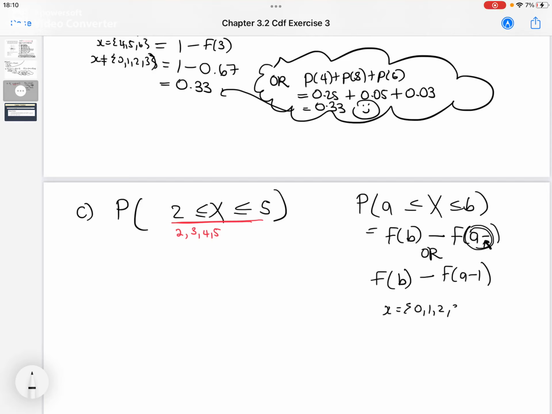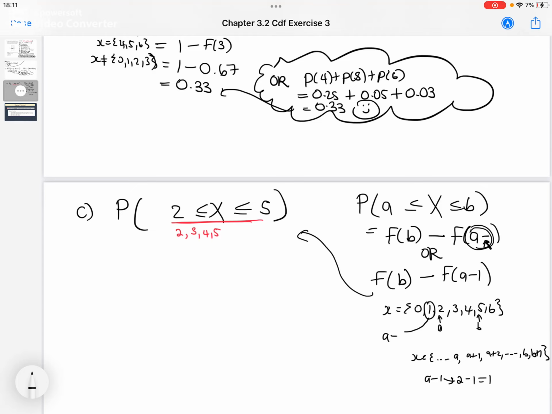In this case, if we have possible values 0, 1, 2, 3, 4, 5, and 6, a minus will be the lowest value on the left of a. If a is 2 and b is 5, then a minus is 1, right? Or since we have here the specific integers, a minus 1 will be 2 minus 1, which is equal to 1.